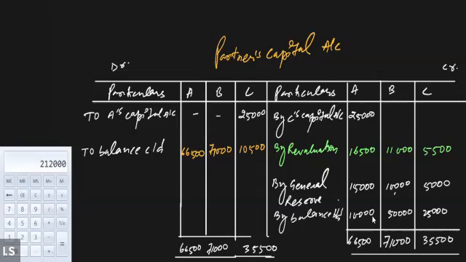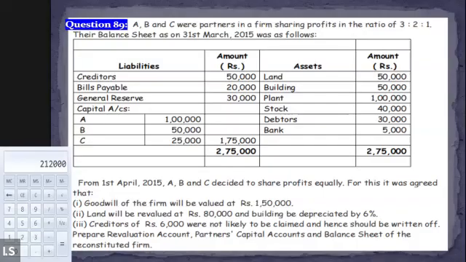Sir, I got all of this the same, but for the first one, I got 1,56,000. By balance brought down is 1 lakh, sir. But the balance brought down is only 10,000, I guess. Let me check from the question. Oh yeah, it was 1 lakh only.